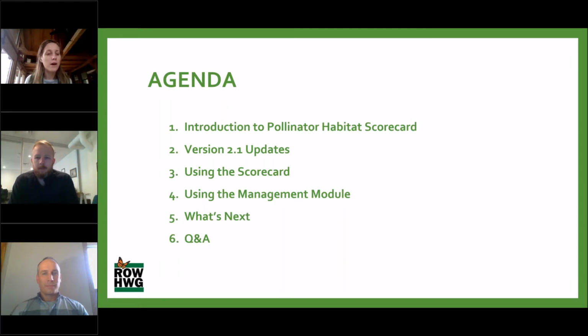Then Dan is going to talk about using the management module and how that can help inform your understanding of the habitat that you have on your landscape. And then we'll close with a couple of updates and what you can expect as far as next steps as we look ahead to 2021. And then, as I said, we'll have some time for questions and discussion at the end.